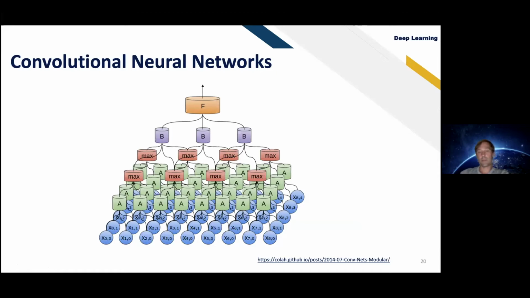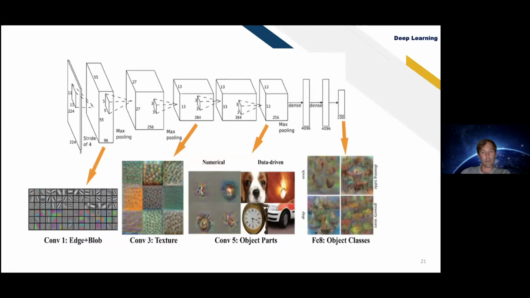So, differences in color, differences in slants or borders within the data, and then they gradually construct up to higher level features within the data. And I'll show you what that looks like on a more complicated neural network architecture.